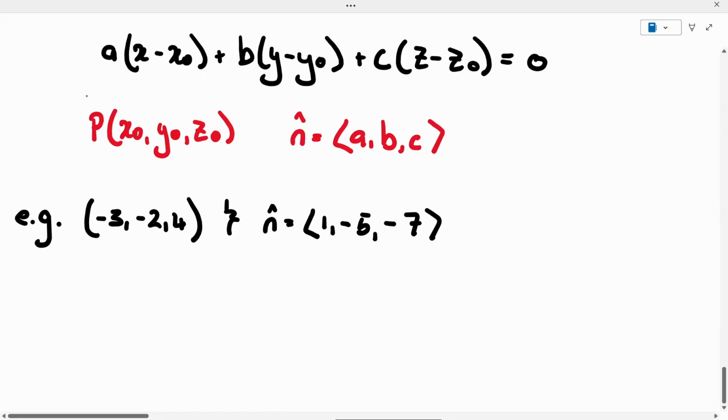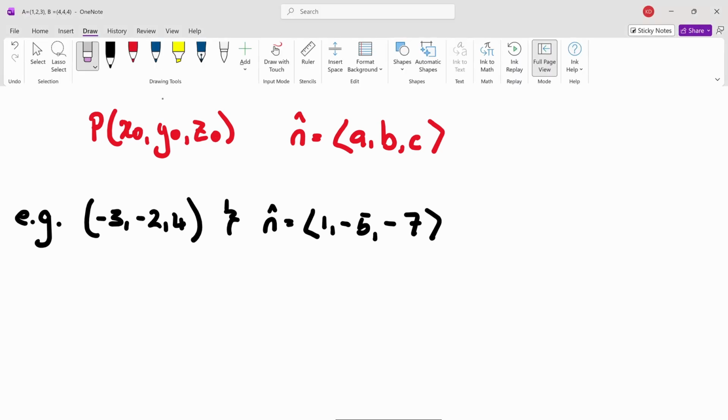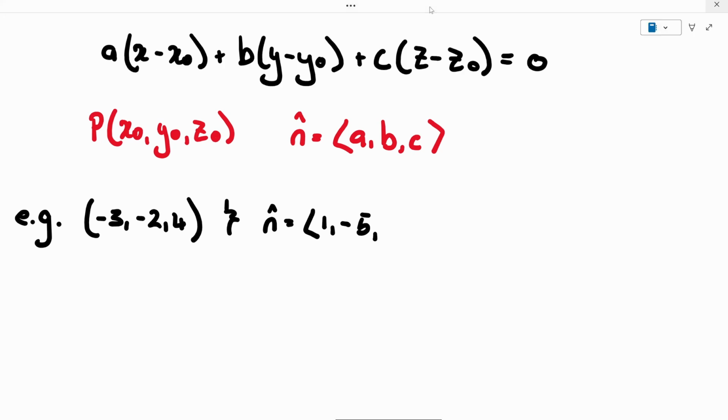Oh no, not -7, +7, sorry. Try not to overthink it. It's a nice straightforward substitution, right? So just try that and see what you get as the equation of the plane.